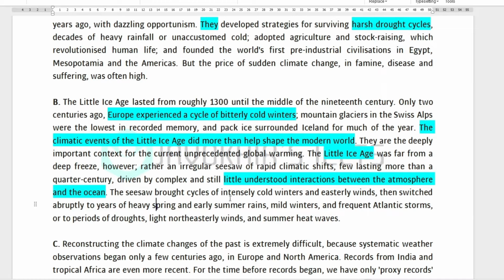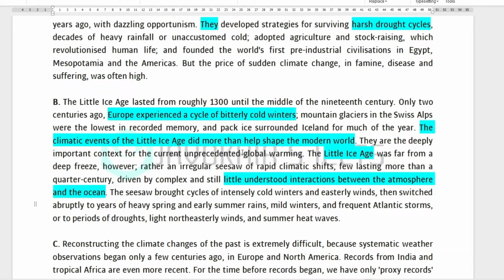The seesaw brought cycles of intensely cold winters and easterly winds, then switched abruptly to years of heavy spring and early summer rains, mild winters, and frequent Atlantic storms, or to periods of drought, light northeasterly winds, and summer heat waves. So what is it trying to say here?